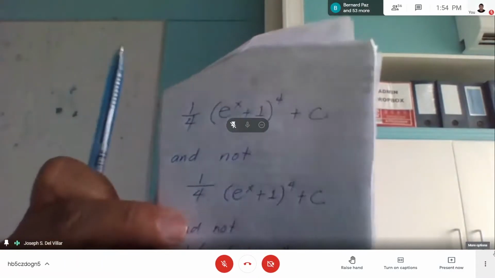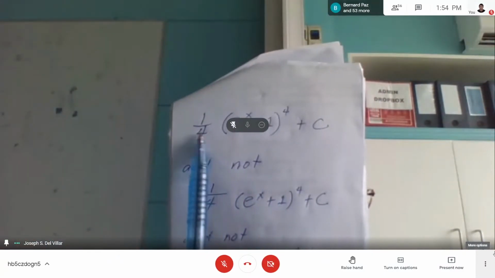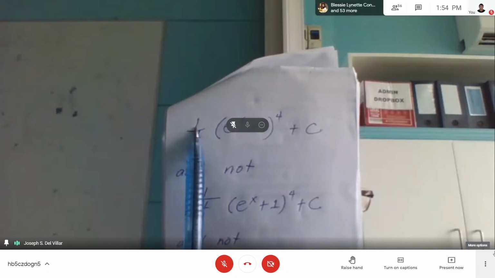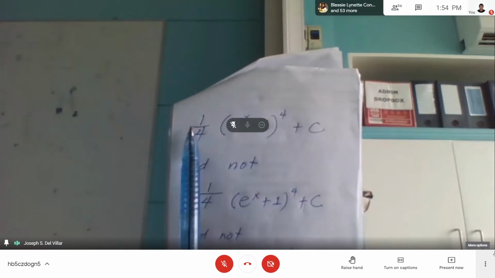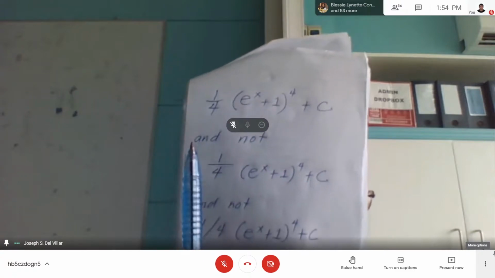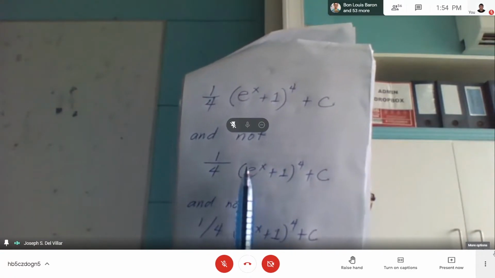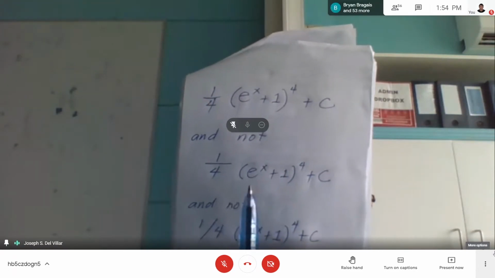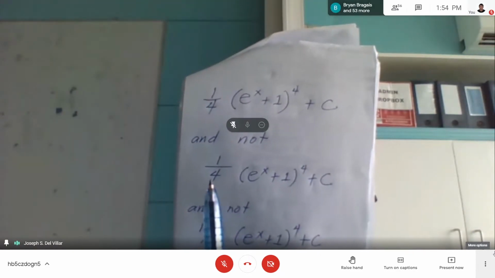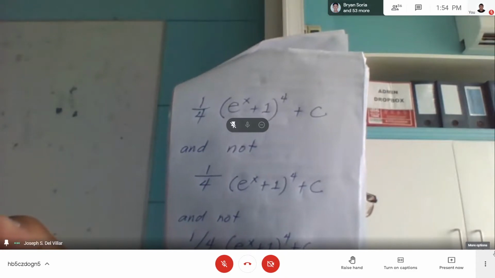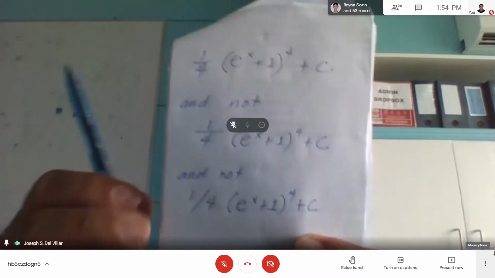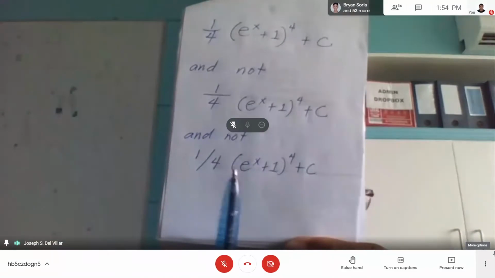It should be halfway na nito, no? Halfway nung horizontal bar. And not this one, no? Na yung ito, yung e to the x plus 1 raised to the fourth, ay ka-level ng 4. Iba yon. Okay? And hindi rin ganito dapat.